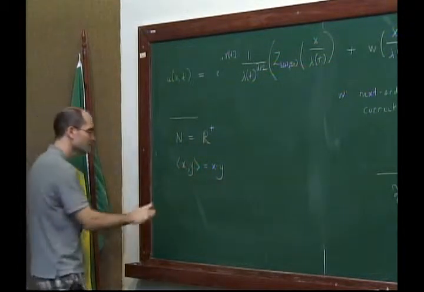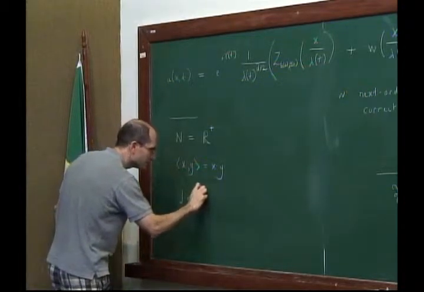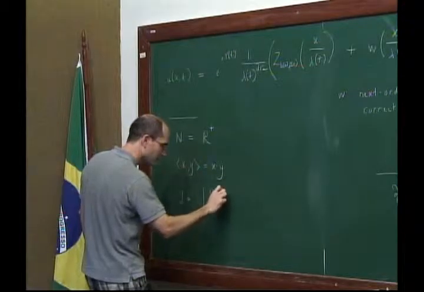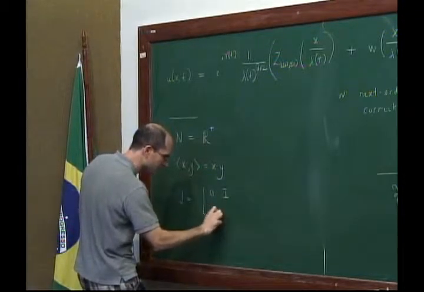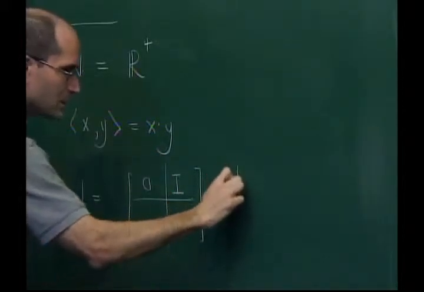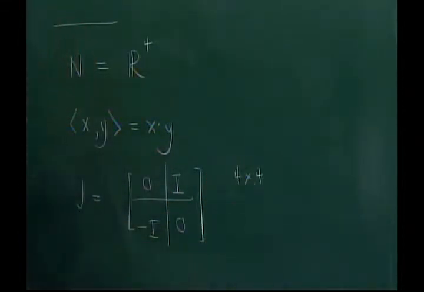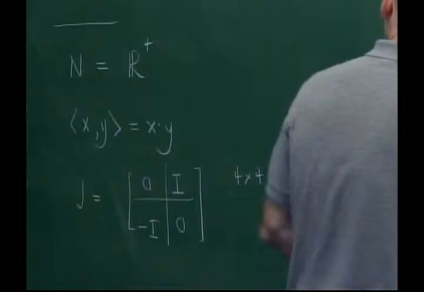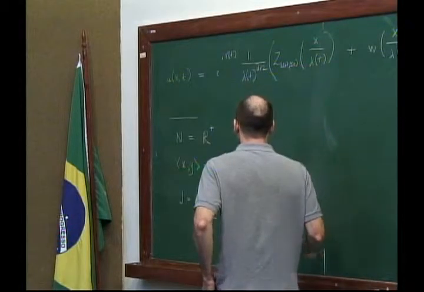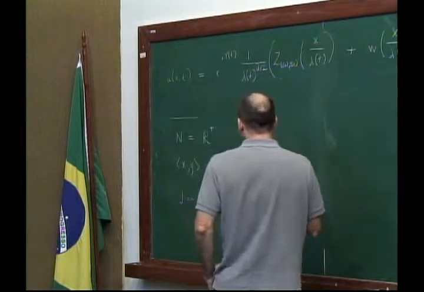Then you take J to be the block matrix 0, identity, minus identity, 0. So that's the 4x4 block matrix. Then what you get is classical mechanics in canonical form.